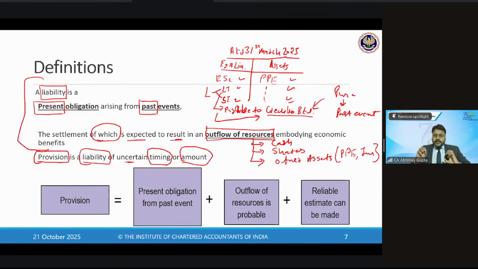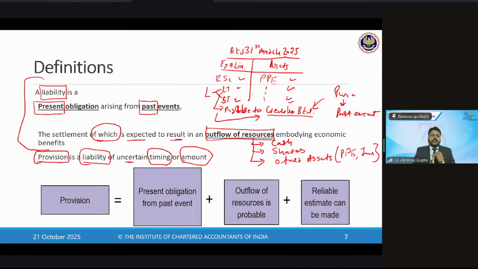But if there is some sort of confusion, either in the form of amount, where I don't know how much I need to pay, or I know the amount but I do not know whether I am actually required to pay this or not, and if yes, when, I don't know.